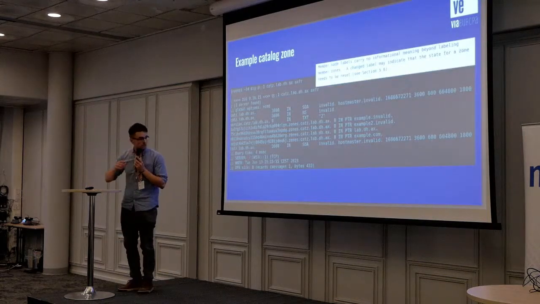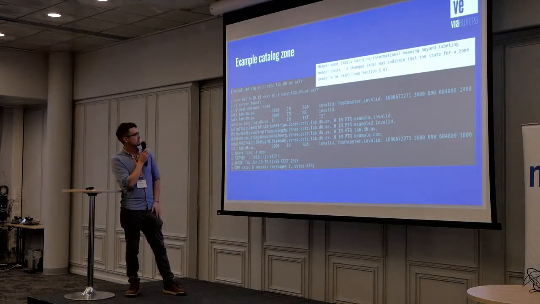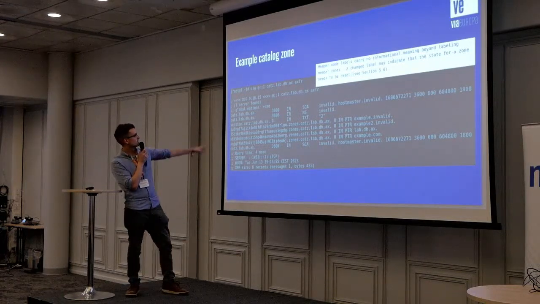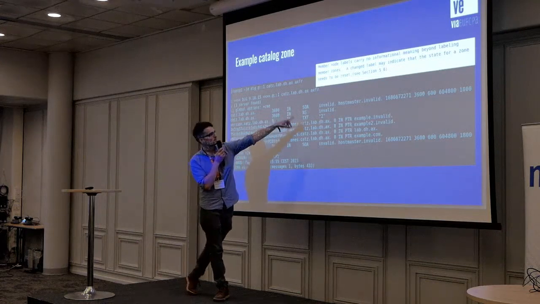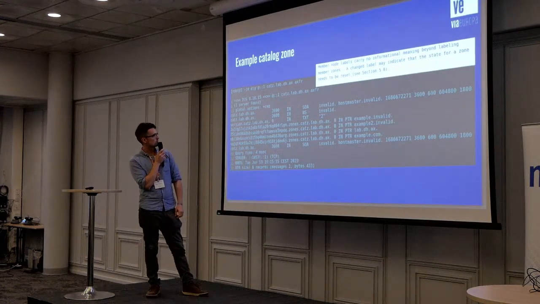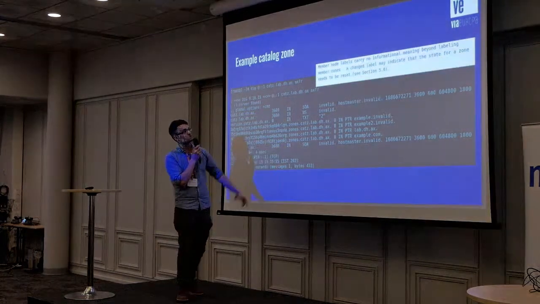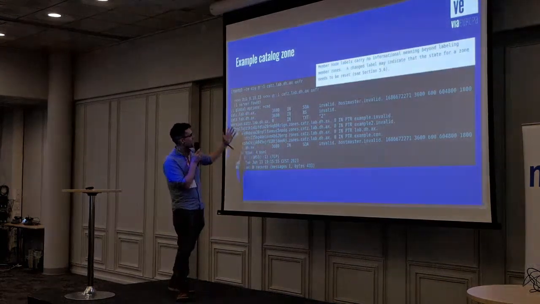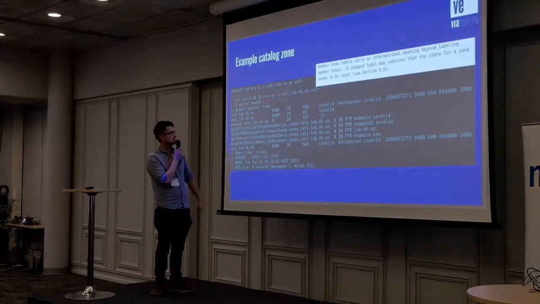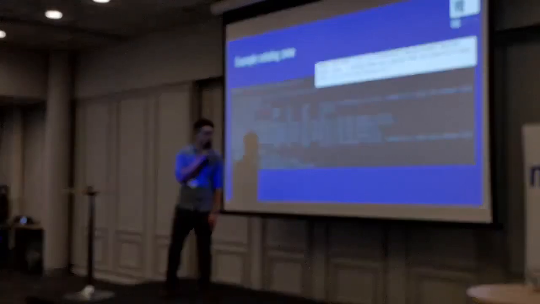Yeah, so here we have an example catalog zone, a pretty regular zone, with a TXT value establishing that it's a version 2 zone, the one that's widely supported. And here we have a long string of characters, which can be anything. It could be example dot zones.